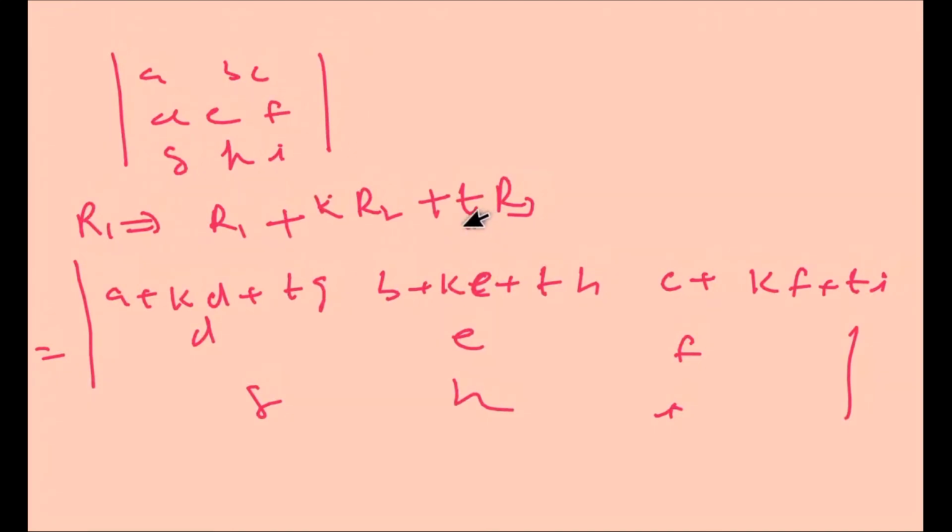It may be 0, so if both may be 0 you cannot add something, you can write only R1 plus kR2. Okay, then R1 is changed. If you want to change R2, again you can use R2 equal to R2 plus something of R1 plus R3. But if there are 3 rows, you can use this property with only any 2 rows, not all 3 rows.